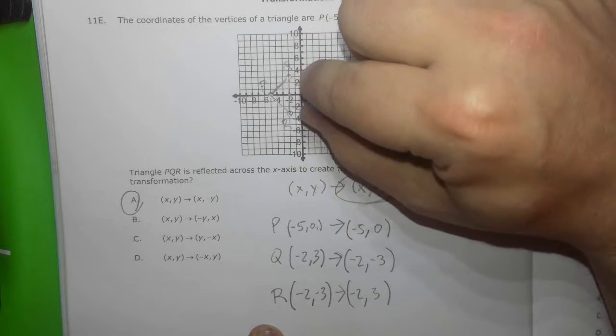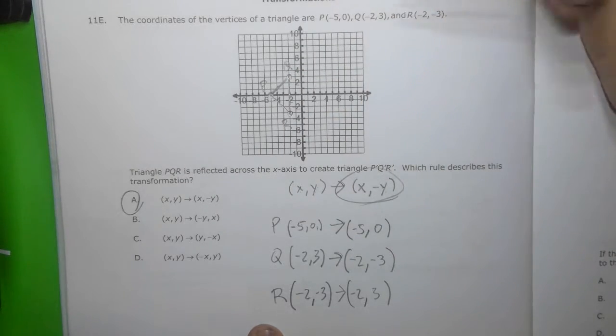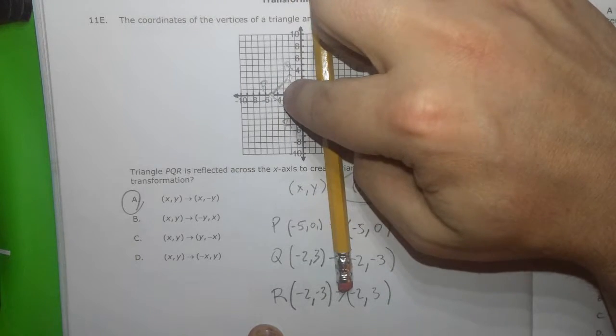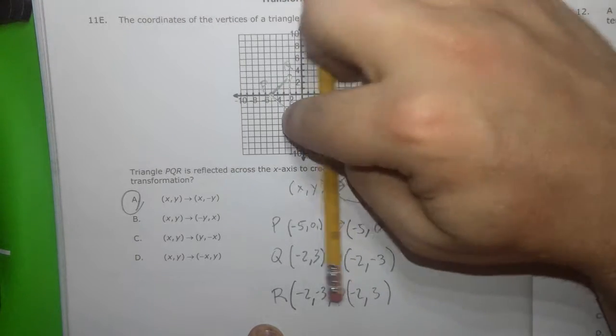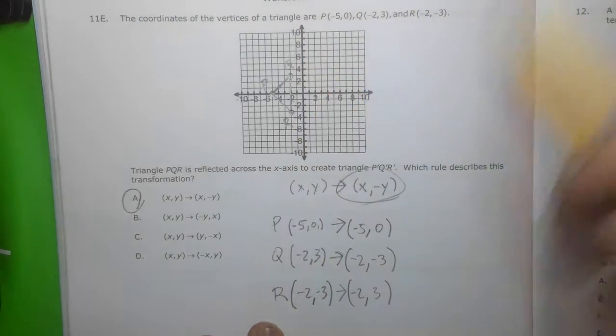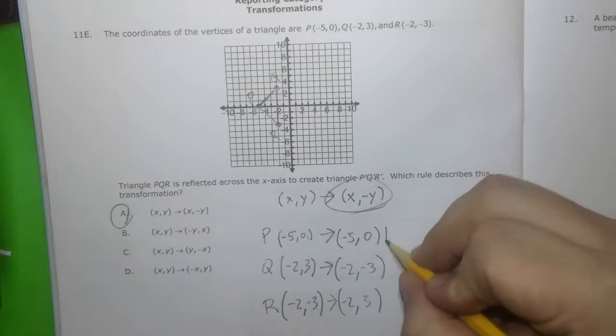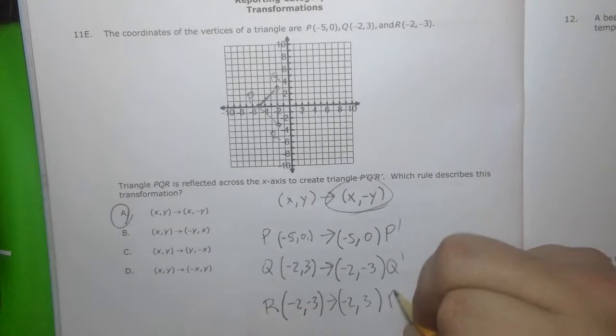It's kind of like if I took the triangle and flipped it like a pancake, that's really what's happening here. P is staying in the same spot, right? But R is being flipped over here, and Q is being flipped over here. And if you notice, this is P prime, Q prime, and R prime.